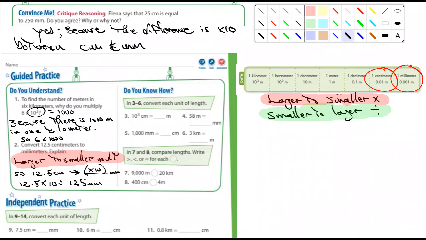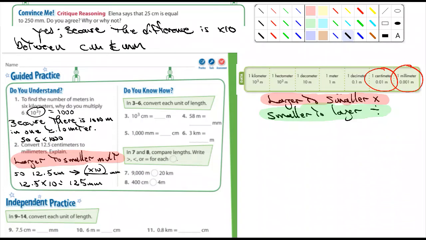All right, number 2, it says convert 12.5 centimeters to millimeters. This one you had to think about for a minute. So you're going from larger to smaller, centimeters to millimeters.